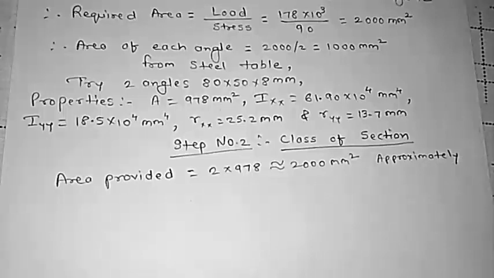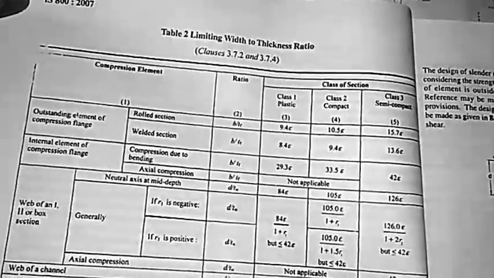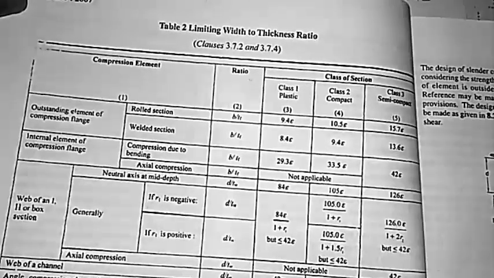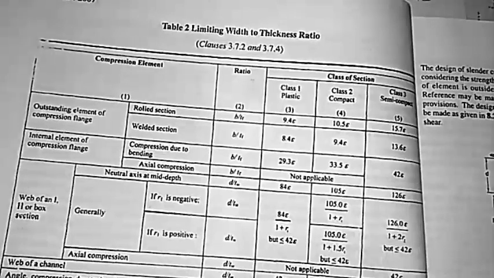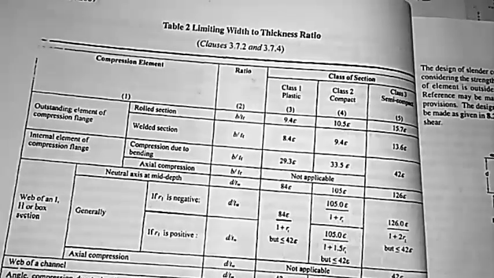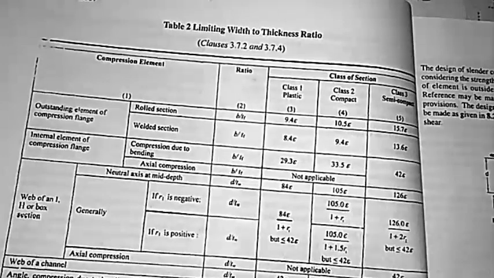Now we need to go to table number 2, page number 18. Now here we just need to check what is the d by t. So we just need to calculate d by t.